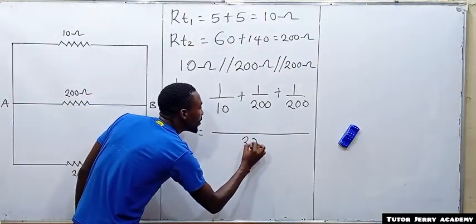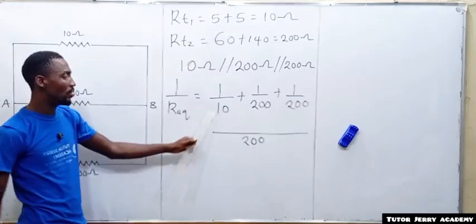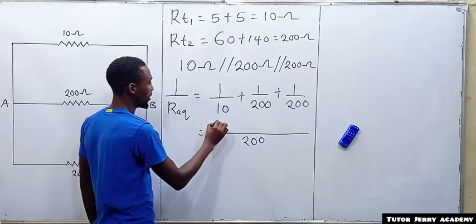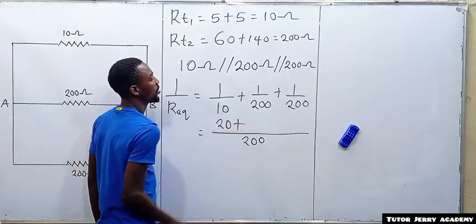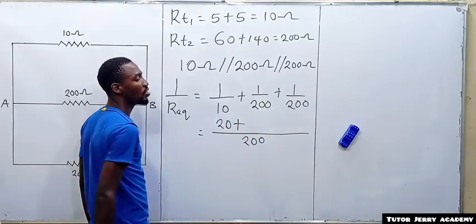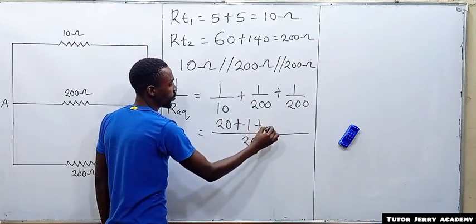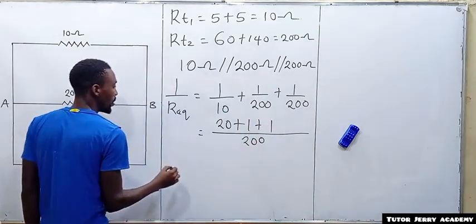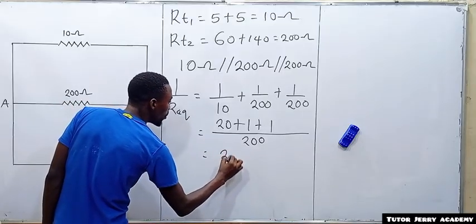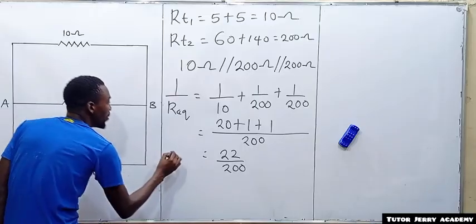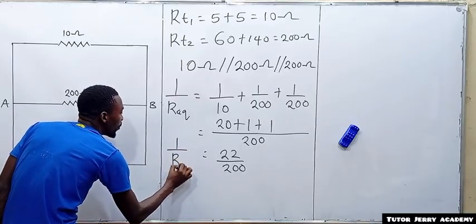So we're going to have 200 here. 10 in 200 is 20, and 20 times 1 is 20. Plus 200 in 200 is 1, and 1 times 1 is 1. Plus 1 again. So if you do this, this will be equal to 22 over 200. Alright, so this is 1 over R equivalent.